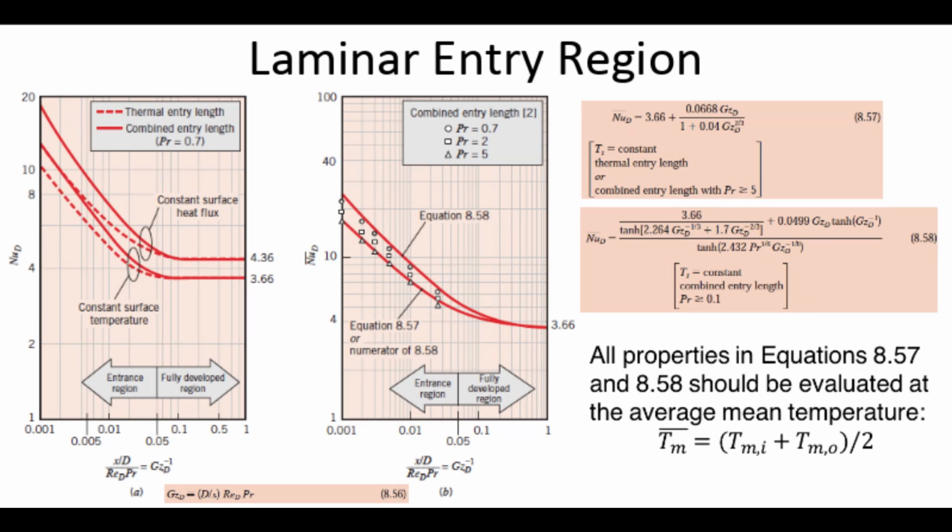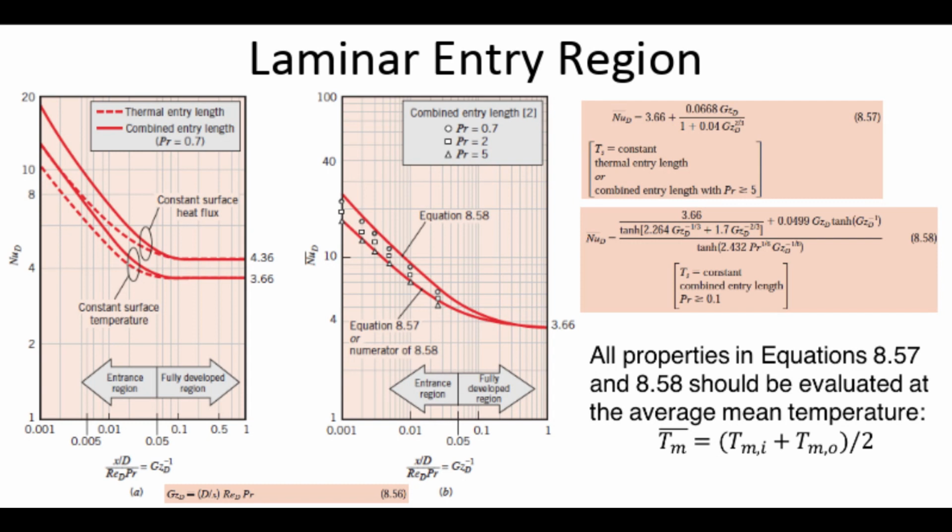The first one is termed the thermal entry length solution. It has two possibilities. First one, you heat the tube after the flow has already achieved the fully developed velocity profile. Right? You let the flow develop first, then heat it.